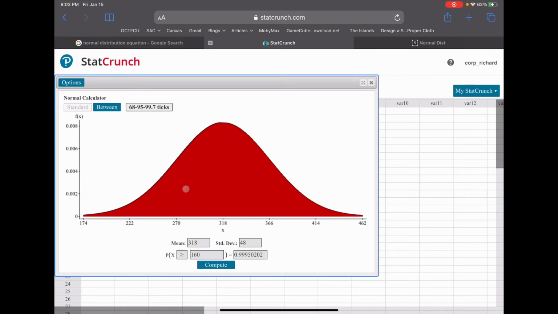So that's true for any normal distribution. No matter how I change the center and the spread, that 68, 95, 99.7% stays true.